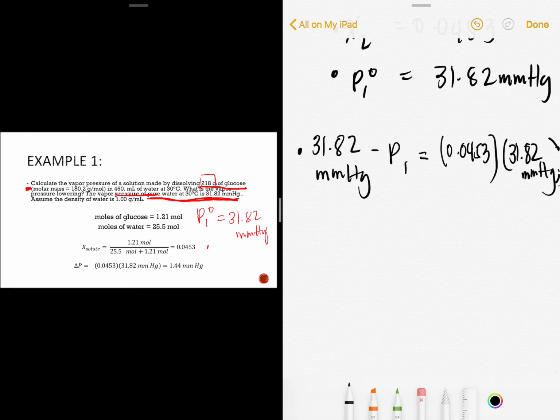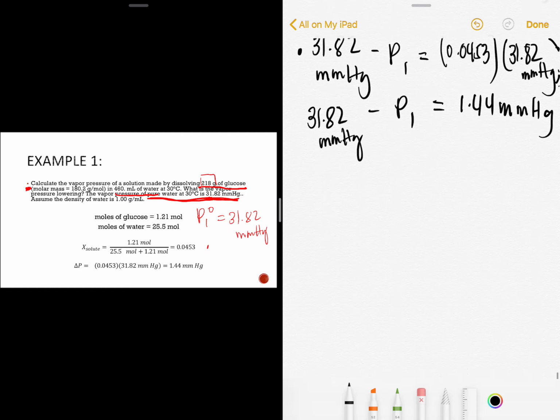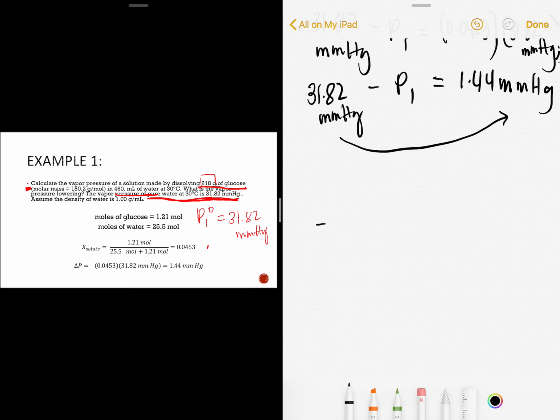So, multiply 0.0453 times 31.82. That is now equal to 1.44 millimeter mercury. So, equal P1 minus 31.82 millimeter mercury. So, now you can solve for P1. So, you transpose this term to the right-hand side of the equation. So, negative P1 is now equal to 1.44 minus 31.82.